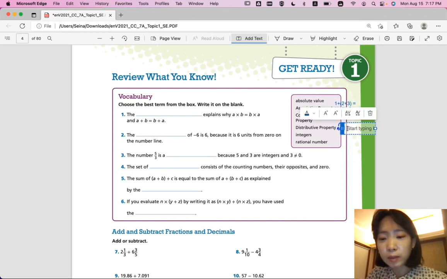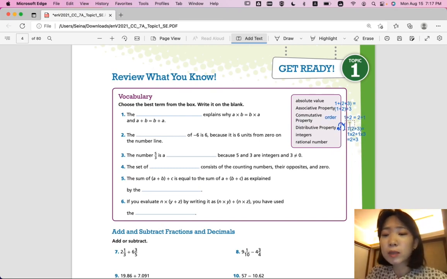And distributive property is when you say 1 times (2 plus 3) is equal to 1 times 2 plus 1 times 3. So distributive property has to do with multiplication and addition.